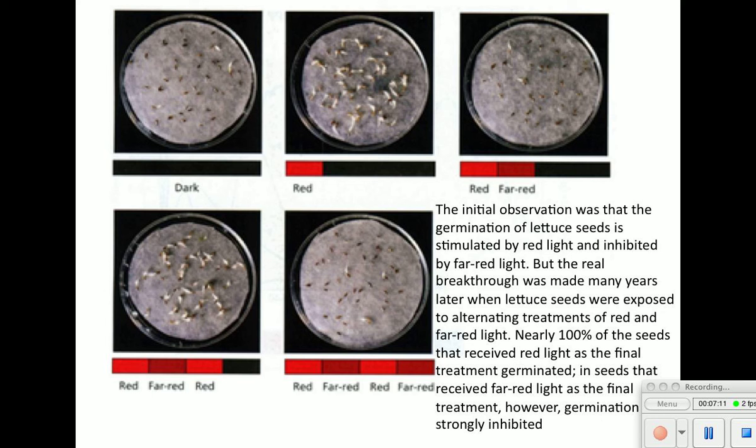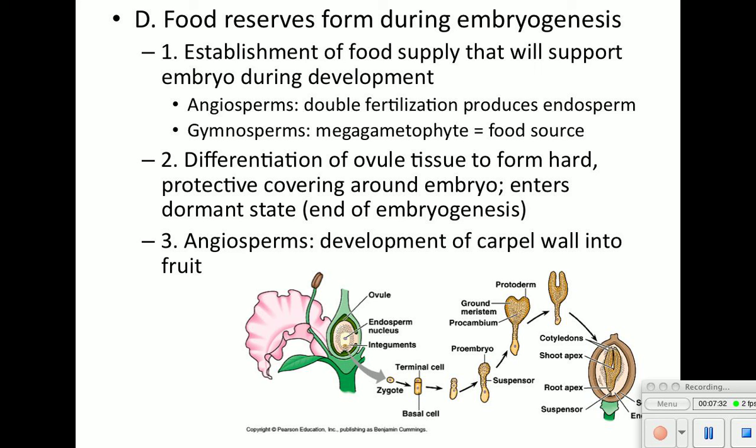You can see some germinated, but most did not. So then they went red, far red, red: germination. Then red, far red, far red: hardly any germination. So yes, light is a huge component in how plants start to develop. I just thought that was really cool.